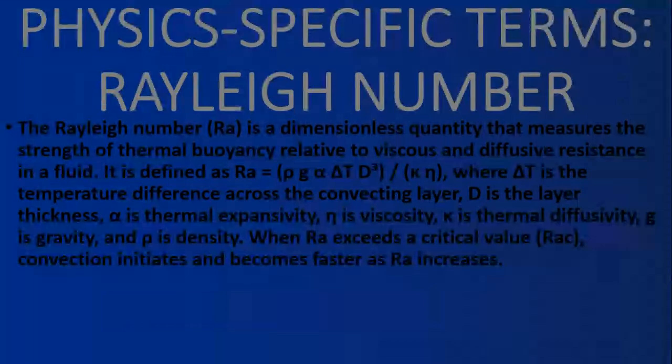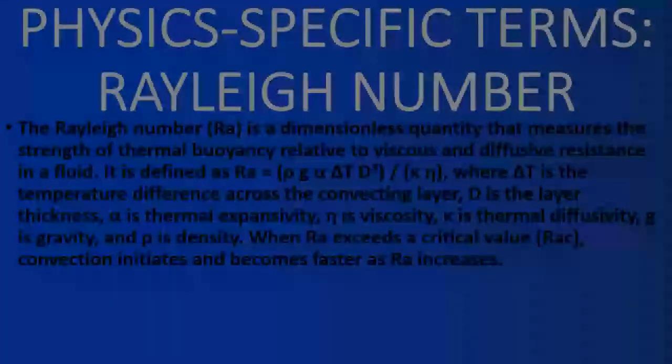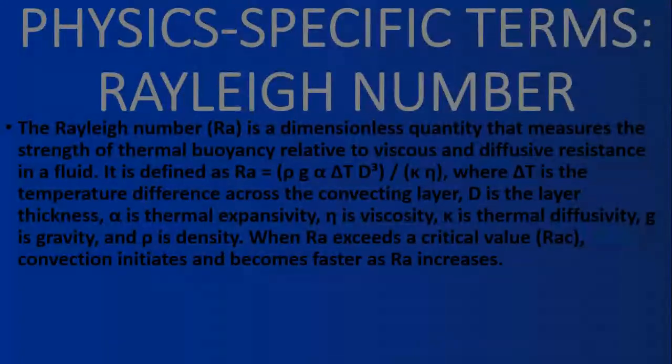It is defined as Rayleigh equals rho g alpha delta T d to the third power over kappa eta, where delta T is the temperature difference across the convecting layer, d is the layer thickness, alpha is the thermal expansivity, eta is viscosity, kappa is thermal diffusivity, g is gravity, and rho is density. When Rayleigh exceeds a critical value, Rayleigh critical, convection initiates and becomes faster as Rayleigh increases.